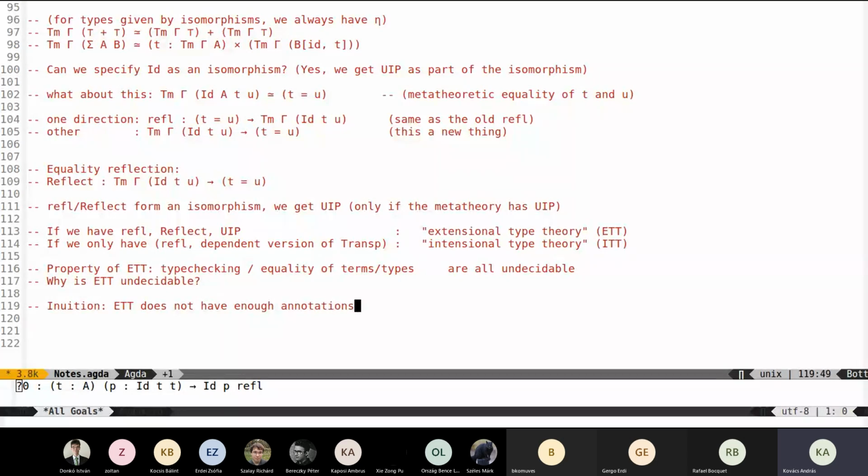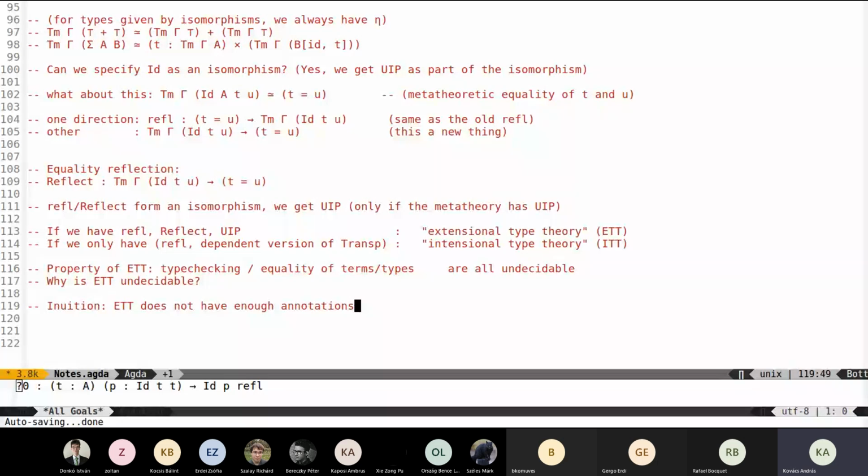It's a general phenomenon. For example, you have a surface language in a programming language, and you want to do some inference, or you want to recover some information which is implicit, like you want to infer implicit arguments or functions and so on. So you have some surface language, and you want to compile it to some core language which is more explicit. And if the surface language does not have enough annotations, then sometimes this is not possible.